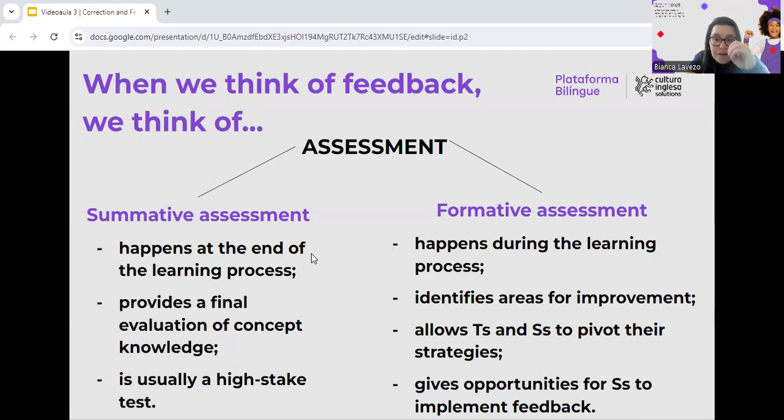Because on-the-spot feedback, the one that happens at the moment, the one that the teacher sees happening, and you're able to see the area for improvement, and you adapt the lesson, or you change, or you provide the student with something, this is formative assessment. So on-the-spot feedback is very much connected to the idea of formative assessment.